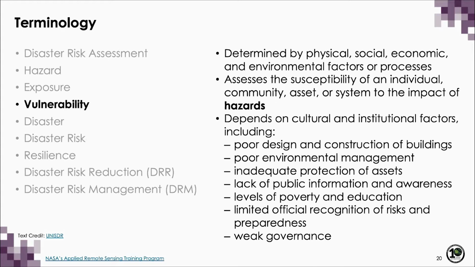So it depends on cultural and institutional factors as shown here: poor design and construction of buildings, poor environmental management, inadequate protection of assets, lack of public information and awareness, levels of poverty and levels of education, limited official recognition of risks and preparedness, and weak governance. So it depends on whether there are any mitigation steps placed for disaster or not, and so vulnerability depends on all these factors.